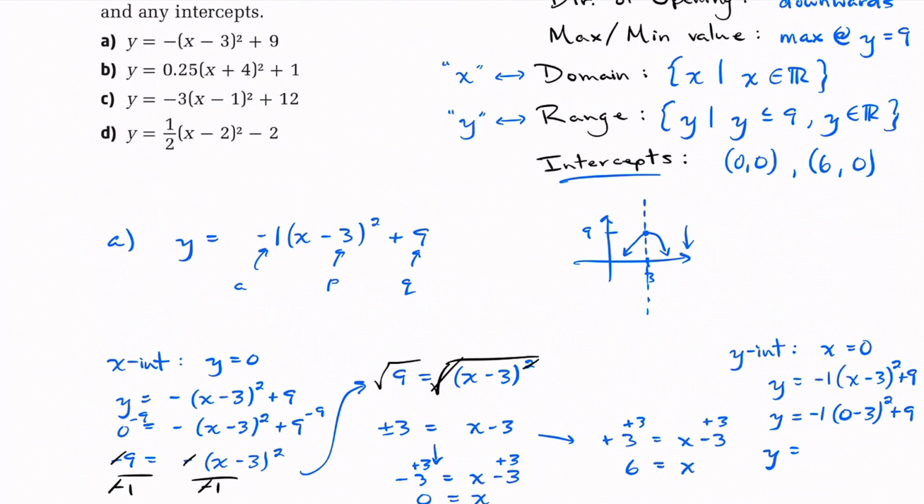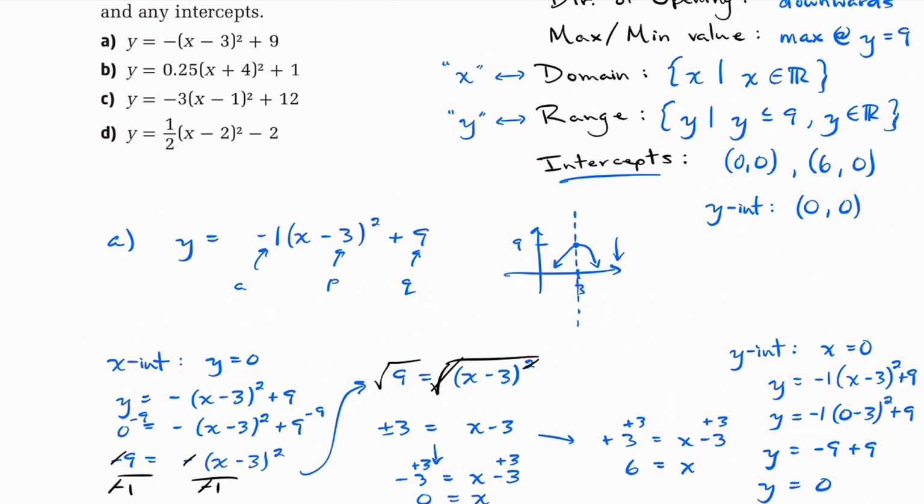Square that, we're going to get positive 9, times by a negative 1, that's going to give us negative 9. And then add 9 to that, our y equals 0. So our y-intercept is at 0 and 0. And these were our x-intercepts.